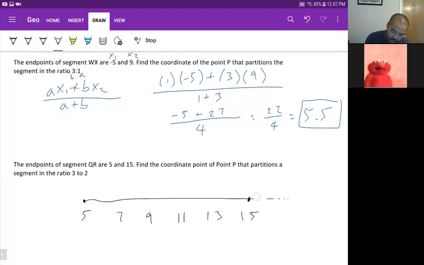Okay, so here's your number line. And then it's a ratio of 3 to 2. So let's split this all up.